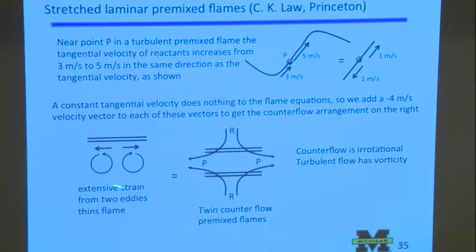And we argue this is similar to what would happen if these two eddies were approaching the flame and exerting extensive strain. The problem, of course, is that this is a steady counterflow problem with one strain rate, whereas in a real turbulent flame you'd have a strain rate that's only exerted for a short time and wouldn't be steady.